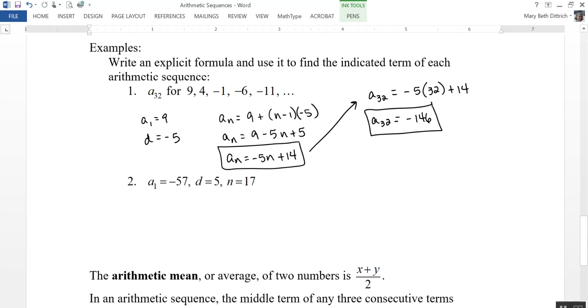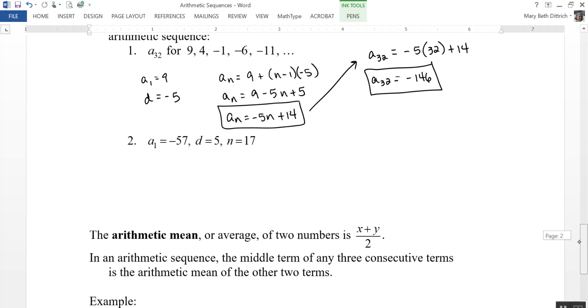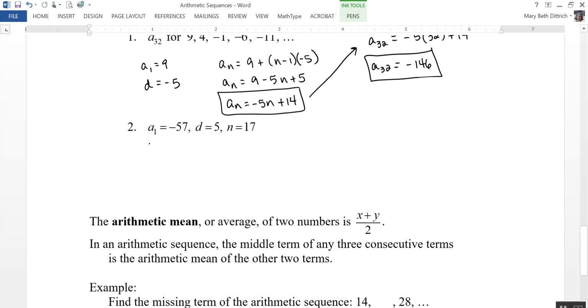Let's try another example like this, where I have a sub 1 and d, and I need to find the 17th term. So a sub n is equal to a sub 1 plus n minus 1 times d, or negative 57 plus 5n minus 5, or a sub n is equal to 5n minus 62.